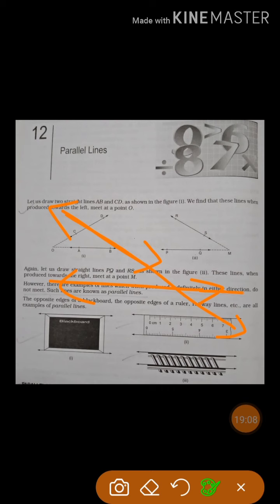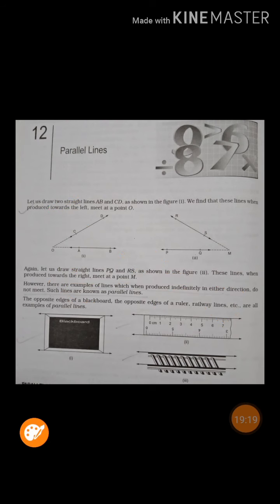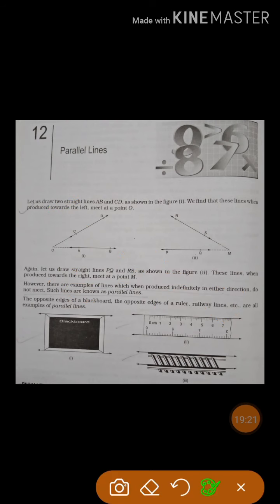So these are now cutting each other, intersecting each other here. So these are also intersecting lines. Now those lines which do not intersect each other, let's see, these are the 2 lines. These are not intersecting each other. Now let's extend them.